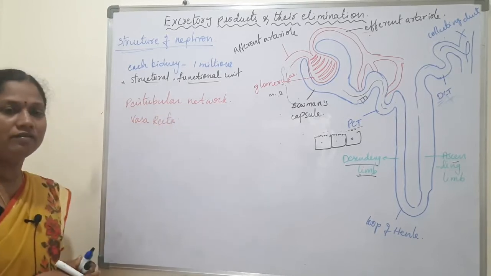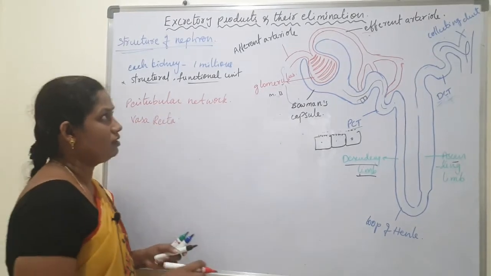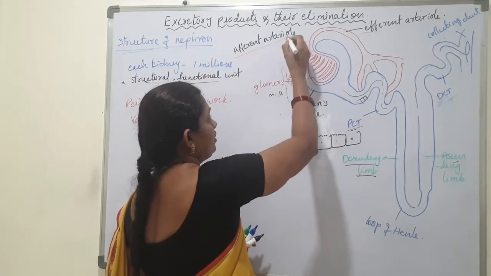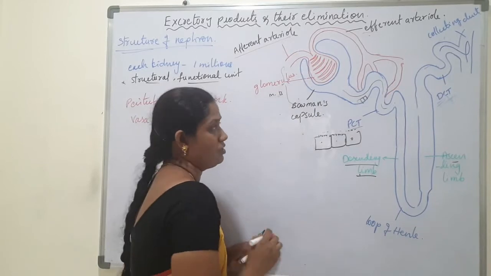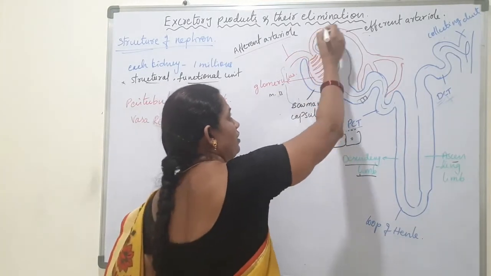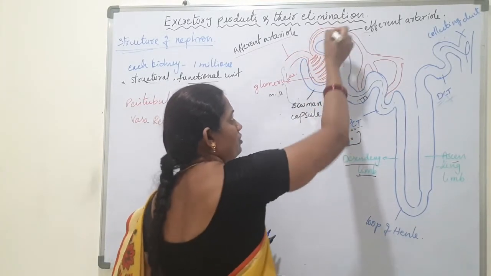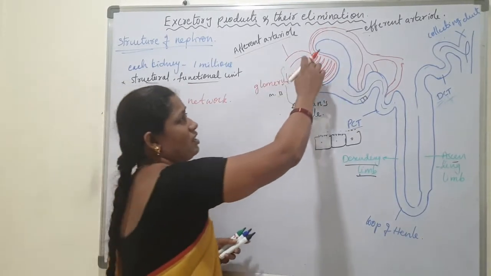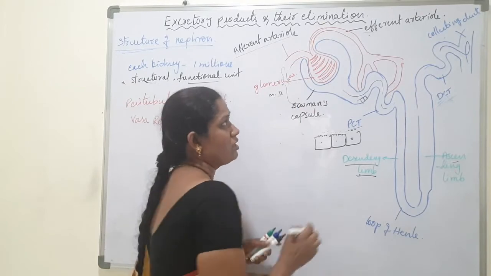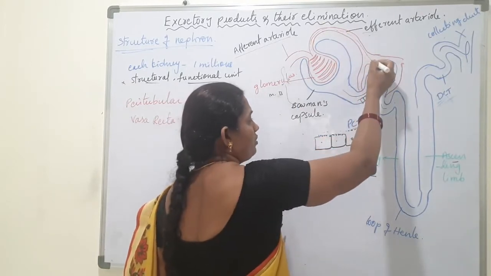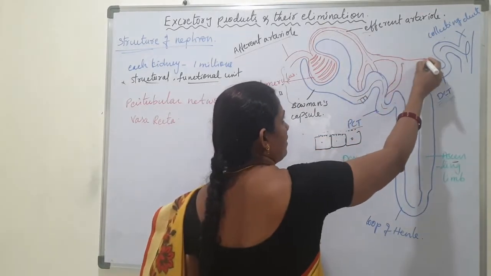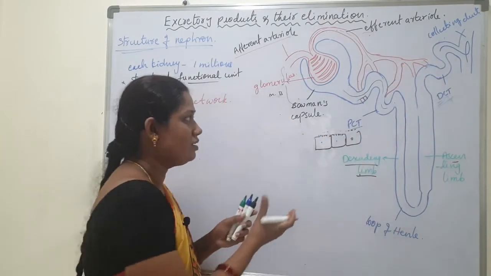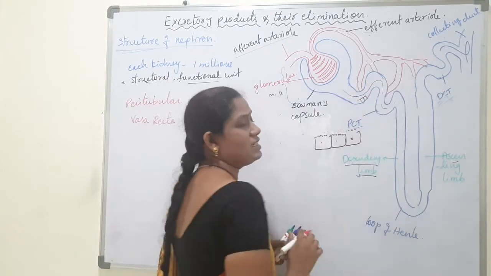In the glomerulus, the afferent arteriole forms the glomerulus, and after that the efferent arteriole comes out through the glomerulus. This efferent arteriole divides into many branches. These branches spread and cover the PCT and DCT.